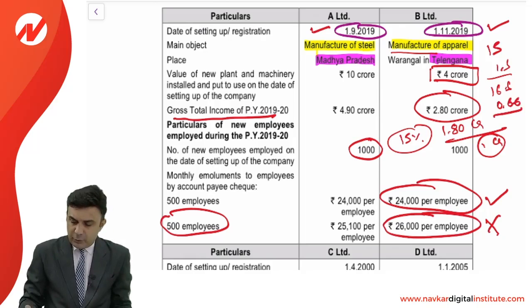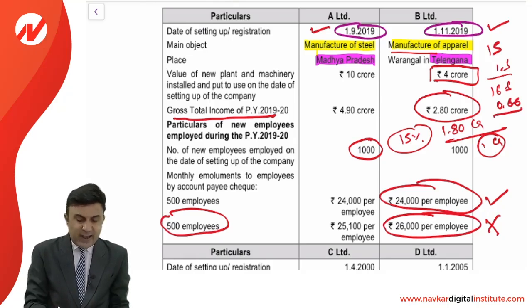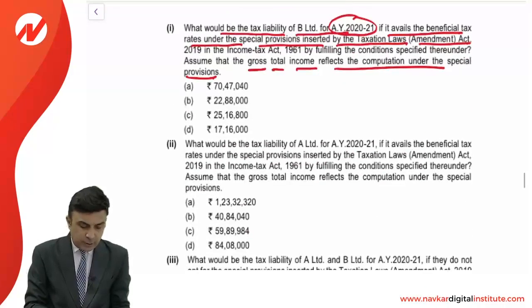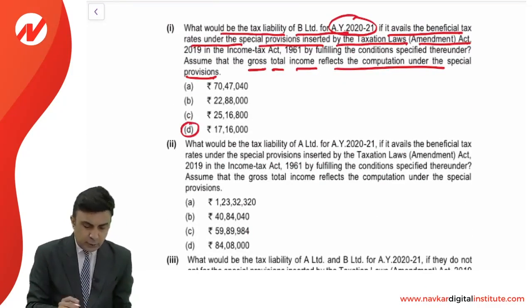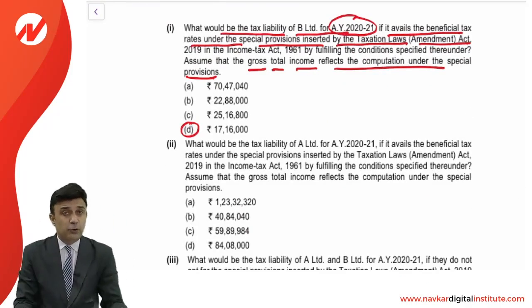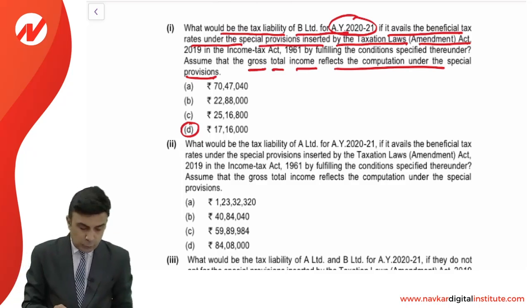That would give you 17.16%. So your tax payable on 1 crore will be 17,16,000 according to me. Your answer is going to be D over here. You can check the answer. It's going to be D only, but you have to be very careful on small points.